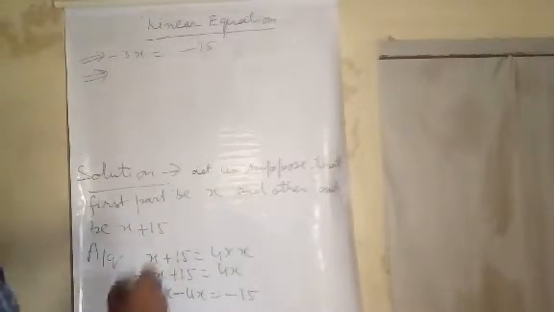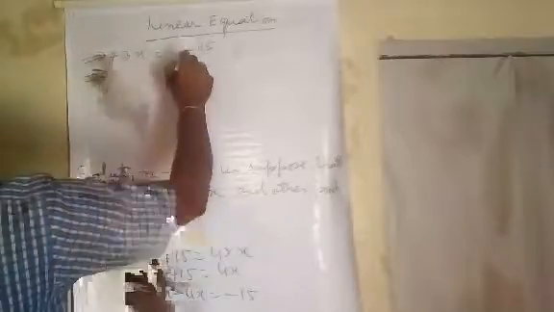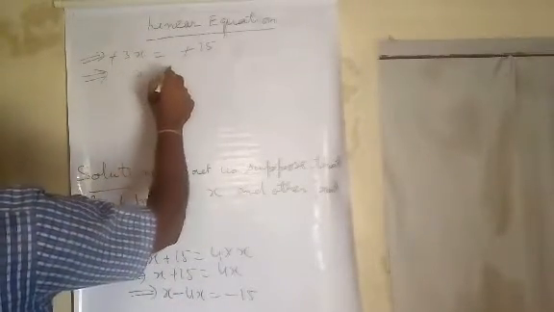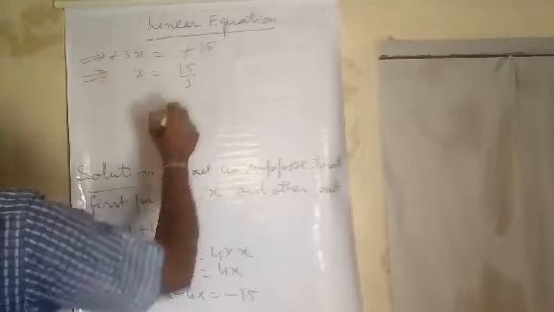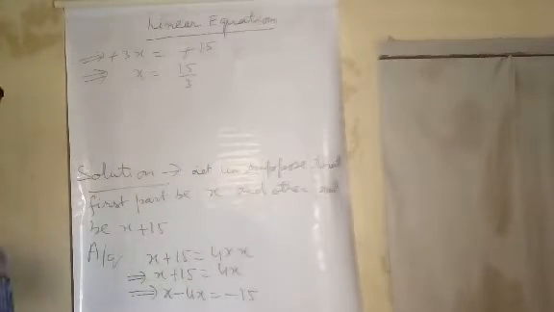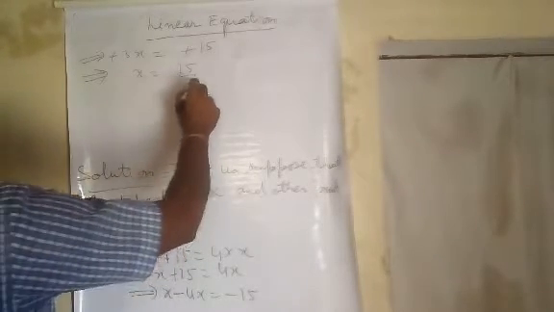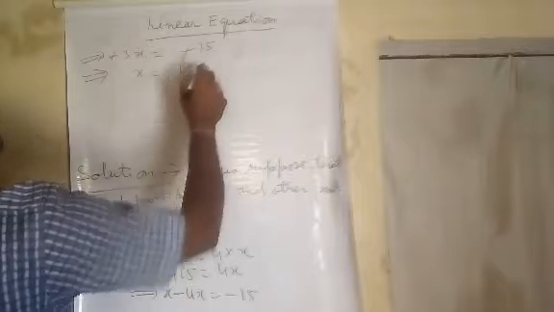Now the minus sign is cancelled by the minus sign, and x equal 15 upon 3. Therefore 3 1s are 3, 3 5s are 15. So x equal 5.